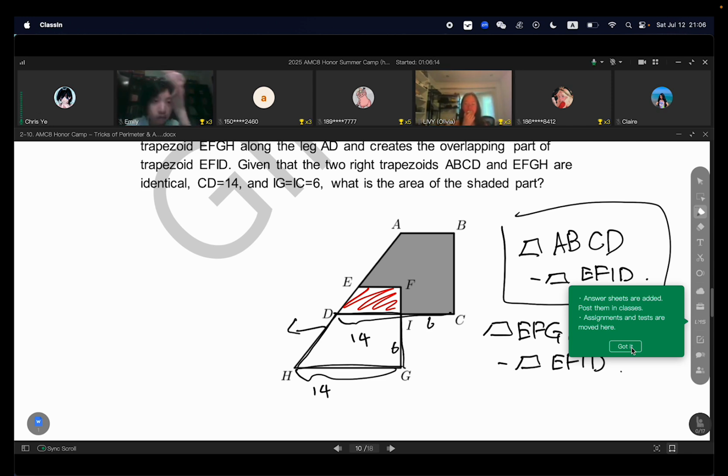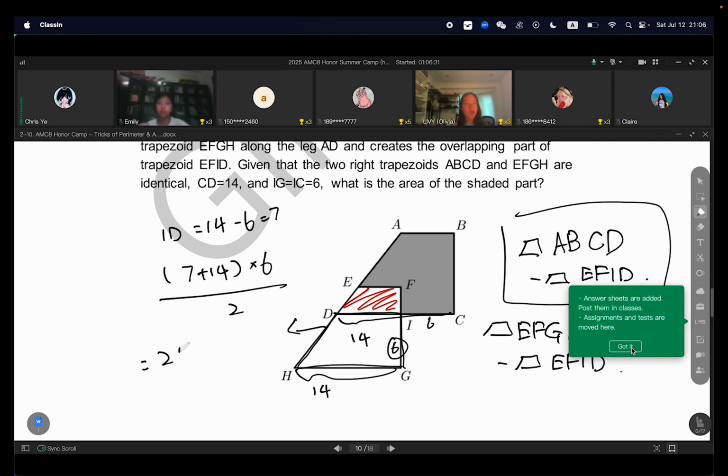ID will be 14 minus 6 equals 7. And we know that HG is 14, so 7 plus 14 times the height, which is 6, divided by 2, equals 21 times 3, and that will be 63.